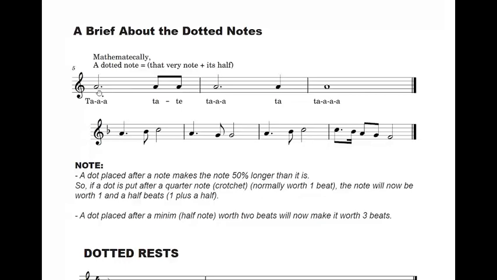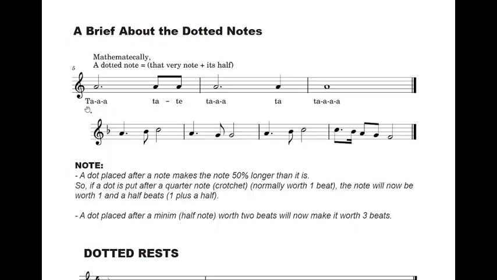So when you dot a minim, it will be, by length, a minim plus a crochet, all combined. So in this case, when you dot a minim or half note has 2 counts plus the other 1 count of a crochet, so it will be 3 counts.